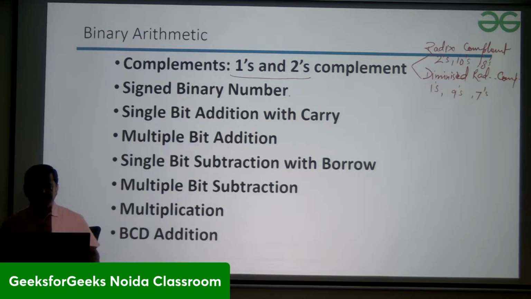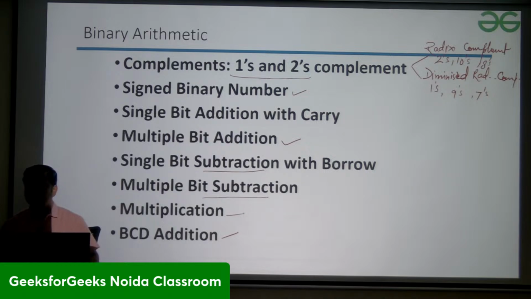Then we further look at the signed binary number and how we can tackle that particular signed number. How do we apply arithmetic operations on that? Adding a single bit with carry or without carry, multiple bit addition, subtraction with borrow, single bit subtraction with borrow or multiple bit subtraction, then multiplication of the binary number system, BCD addition, and so on.